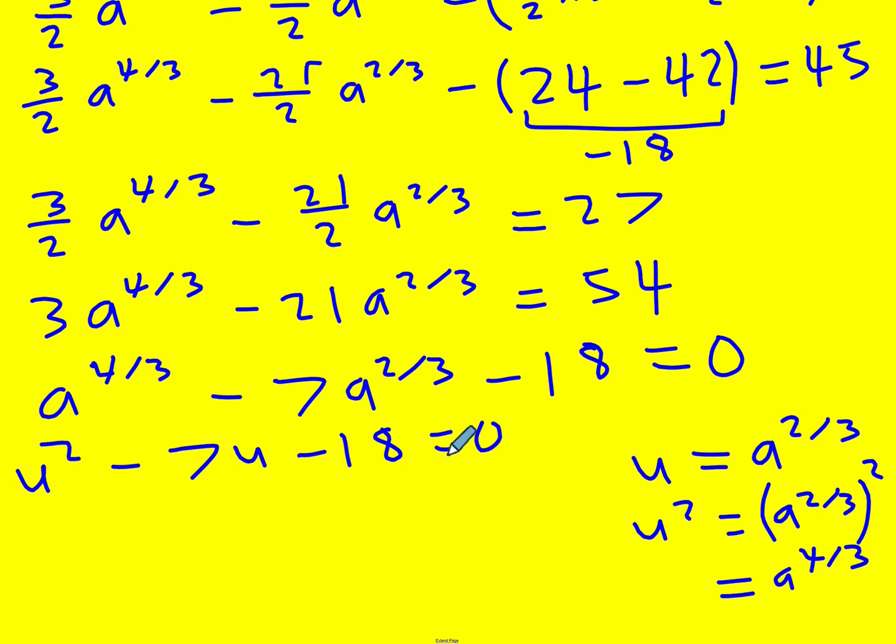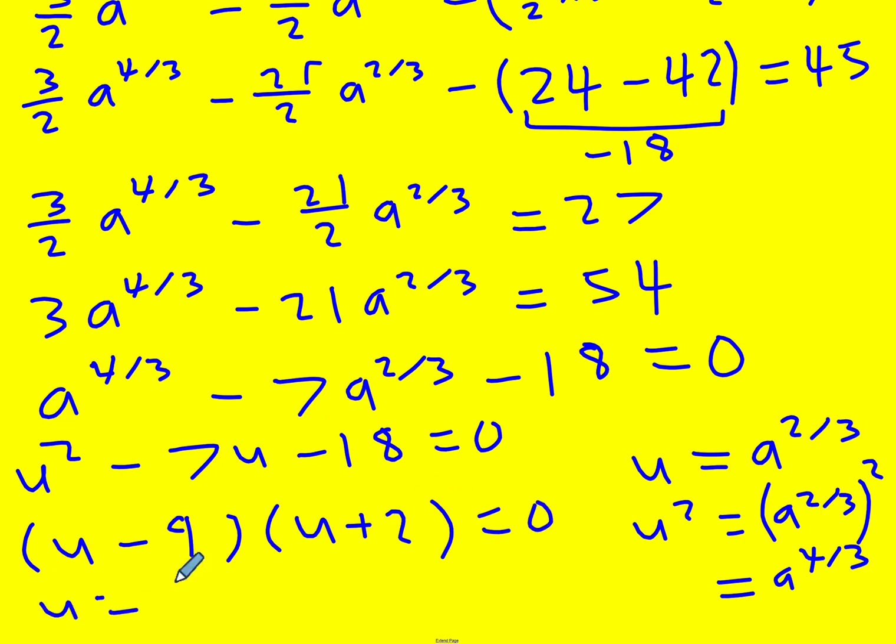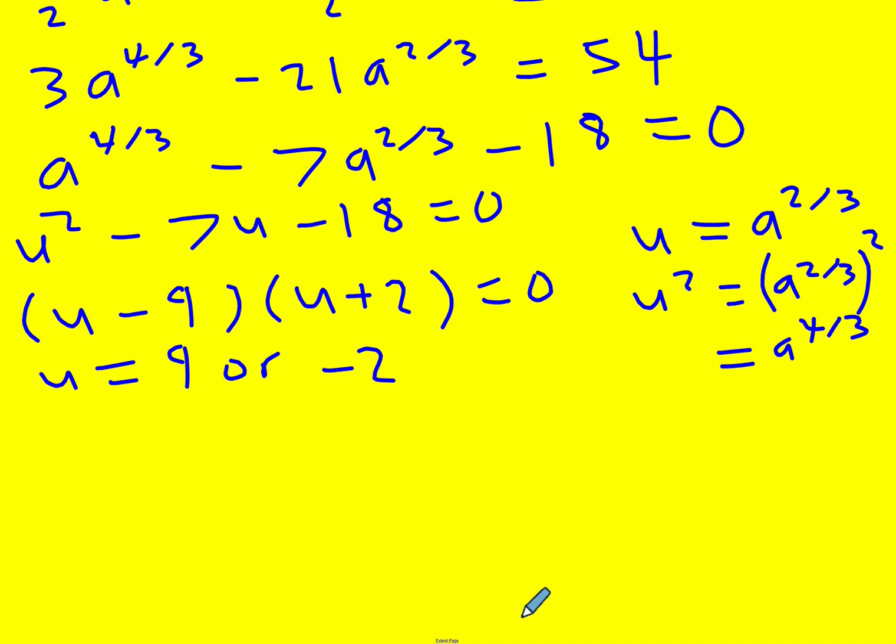We can factorize this. U rather, and u here. Okay, I need one to be negative and one to be positive, so it's going to be -9 and +2. U equals 9 or -2. That's the solution to the quadratic.